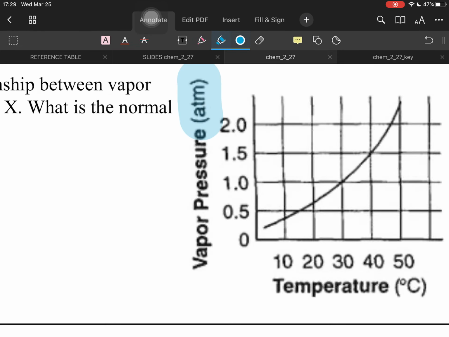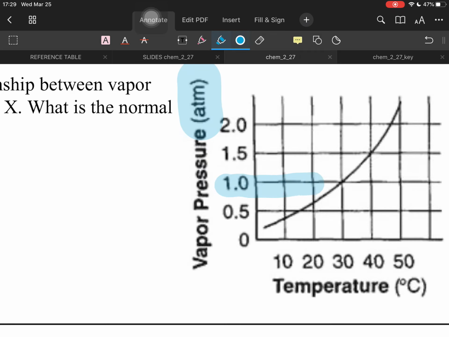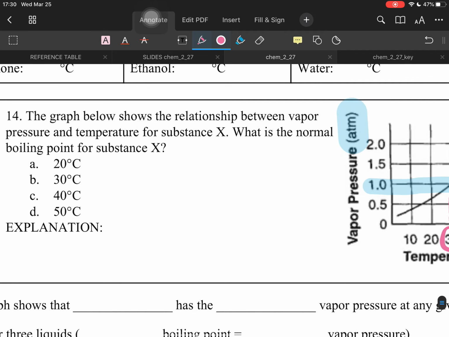Look at the units they're giving you. Pay attention to that. So if we're talking about atmospheres, 1 is where you would find normal boiling point, right? 1 atmosphere. And then we'll take where the line falls and we'll go 30 degrees Celsius is what our normal boiling point would be for this substance here.